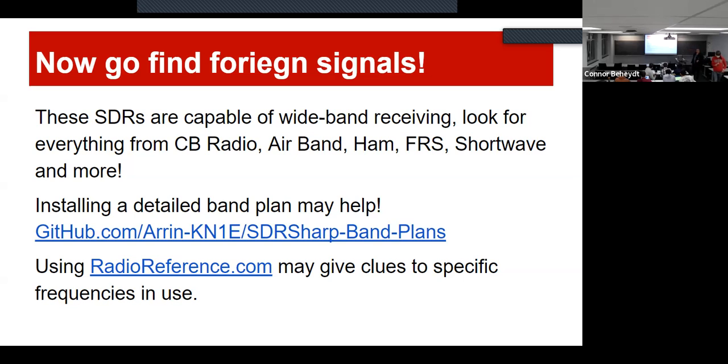It's a really cool thing, especially if you have an SDR. That band plan makes it way easier to tell what you're looking at and what's supposed to be there. We found these little bumps. Yeah, those are signals. So we expanded it.